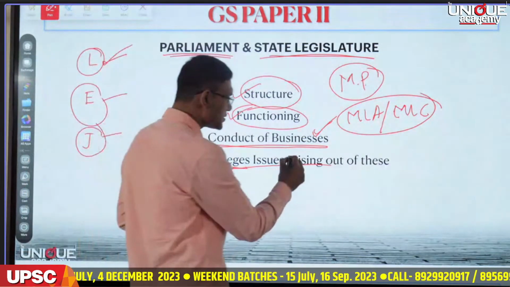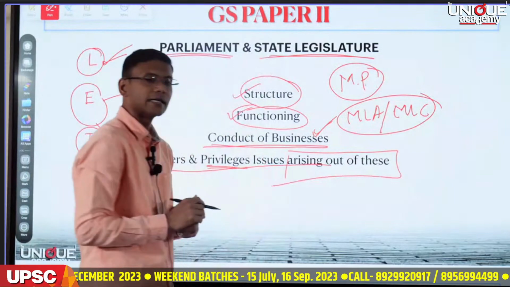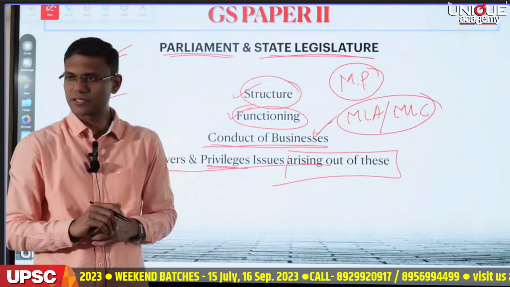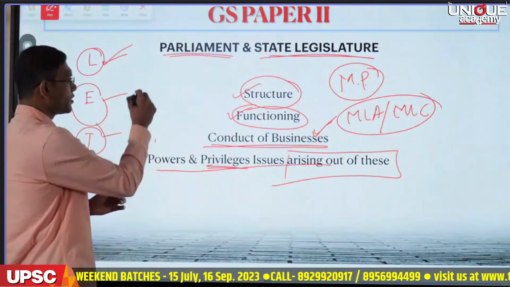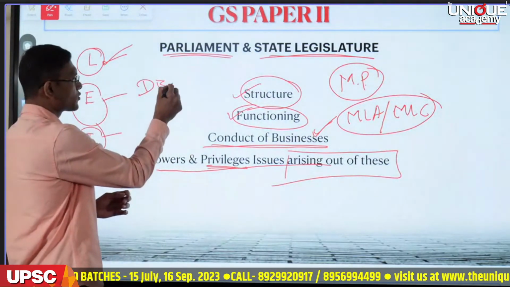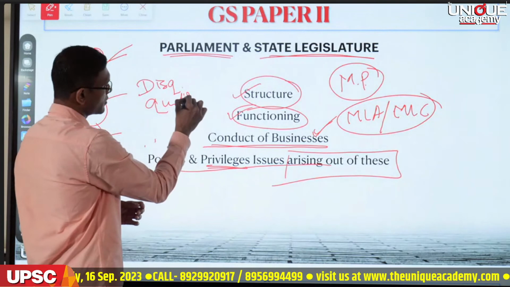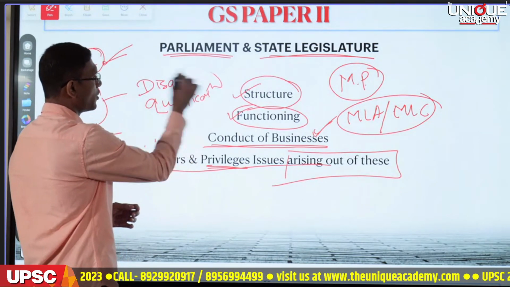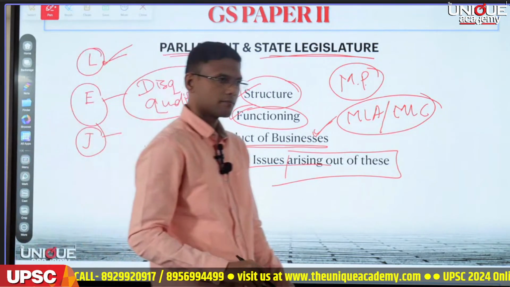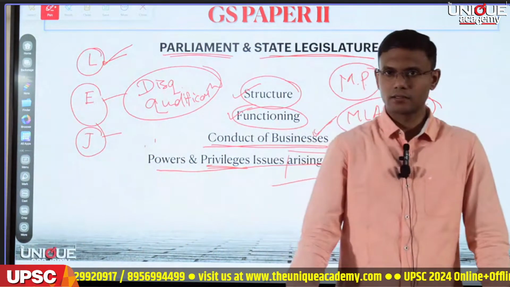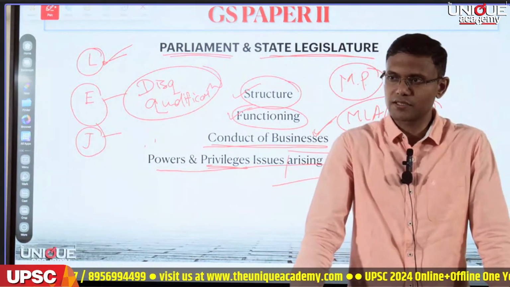There are some issues that may arise out of their powers and functions. Here under this topic, we will also talk about disqualifications and qualifications of members of parliament and state legislature, members of state legislature.